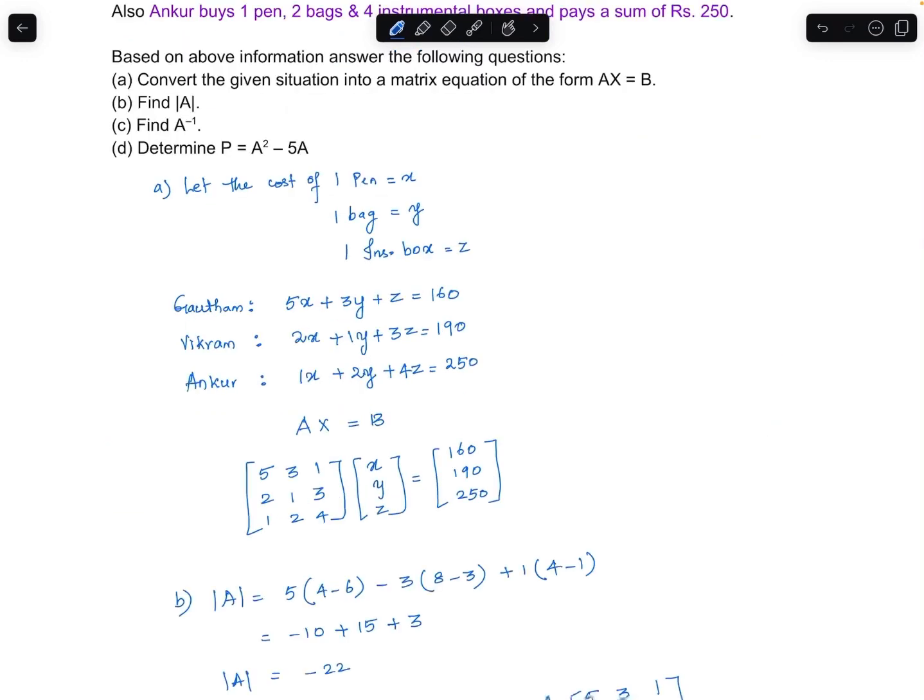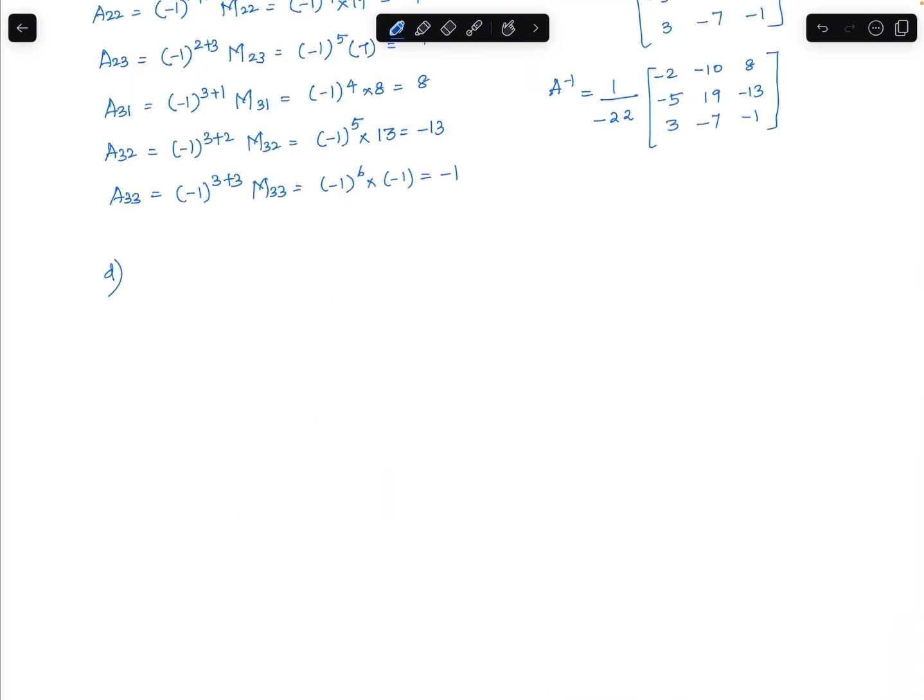Question D. Determine P is equal to A square minus 5 times A. A square is A into A, 5, 3, 1, 2, 1, 3, 1, 2, 4 into the same matrix 5, 3, 1, 2, 1, 3, 1, 2, 4.